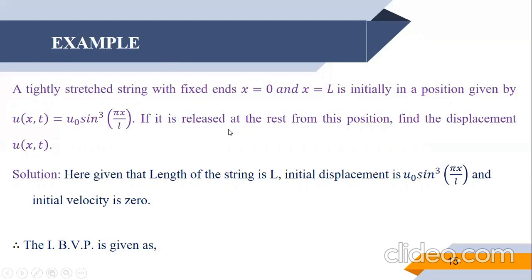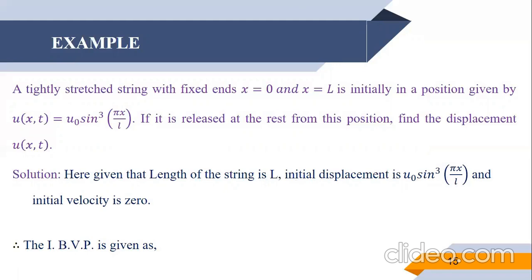If it is released at rest from this position, find the displacement u(x,t). So in this problem, it is given that the length of the string is L, the initial displacement is u0 sin cube(pi x by L) and the initial velocity is 0.